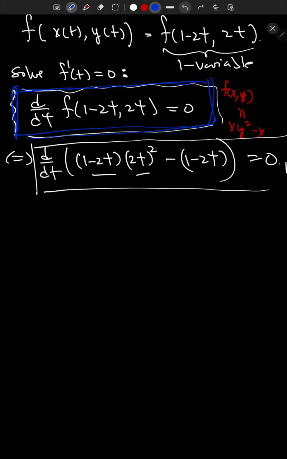So this is equal to what? And here is just brutal calculation from one variable calculus. I'm just going to use the product rule. So (2t minus 2) times 2t squared, and then (1 minus 2t) times 2 times 2t.